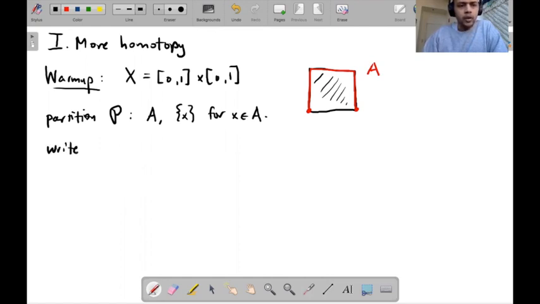In this case, when there's only a single element of the partition which consists of more than one point, we write X mod A for P with the quotient topology.